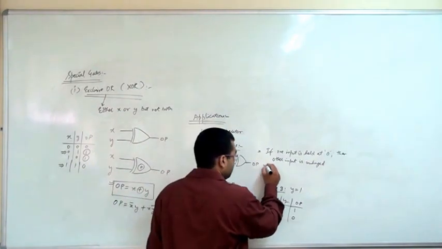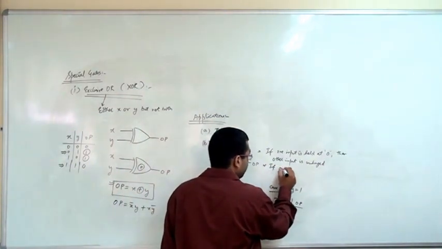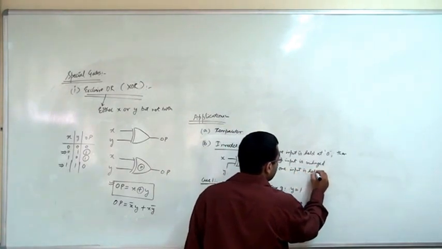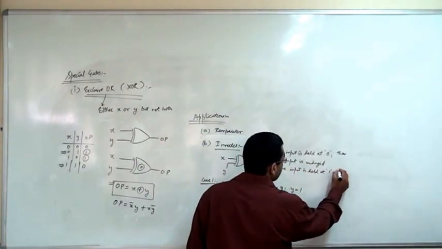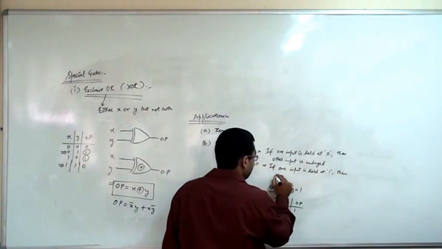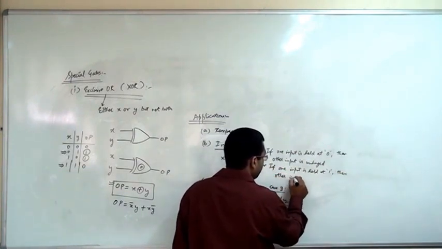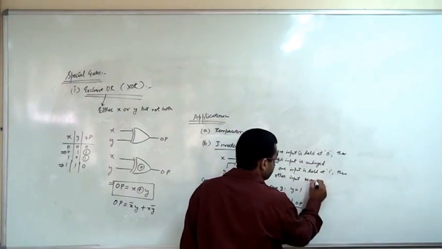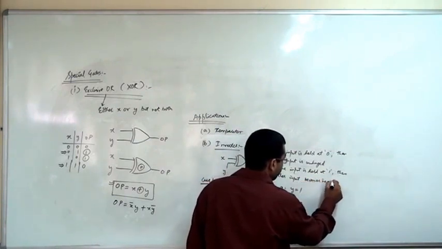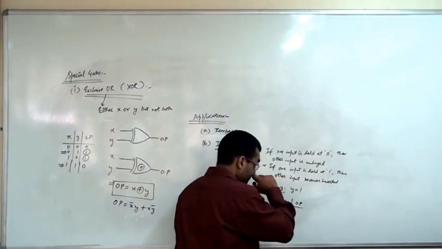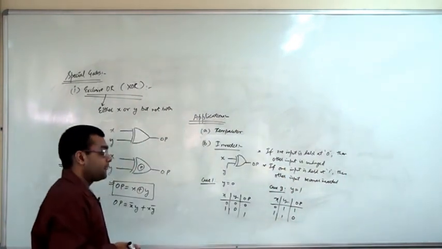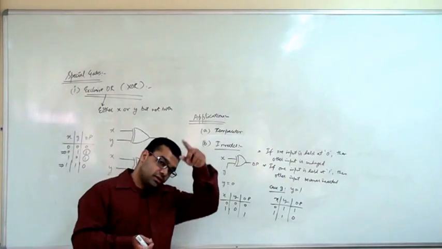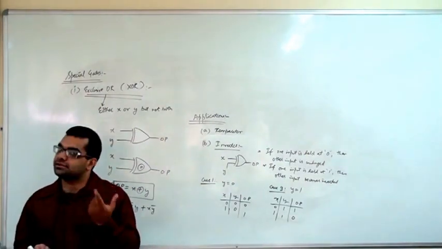And if one input is held at 1, then the other input becomes inverted. This is what happens. So this is how it acts as an inverter. You should remember this property. We will be using it ahead in adders and subtractors.